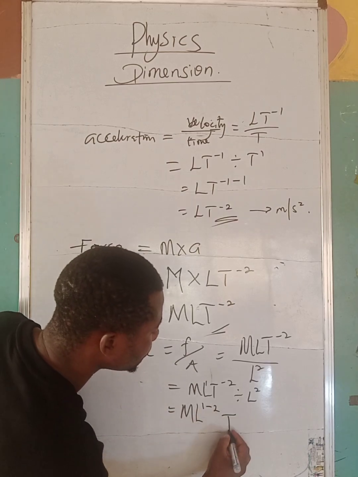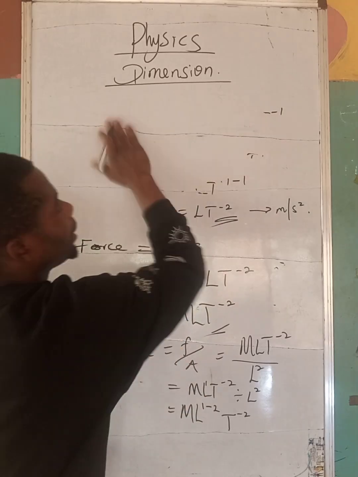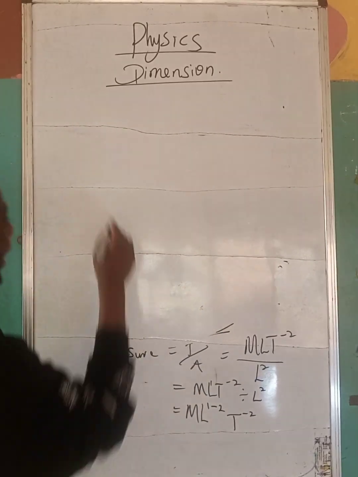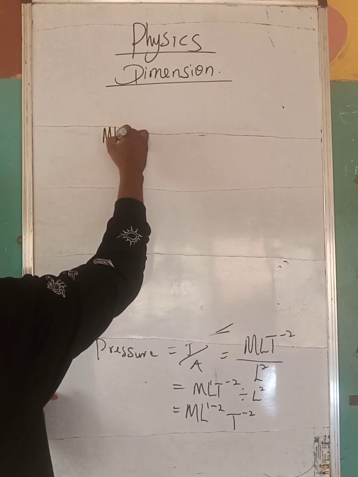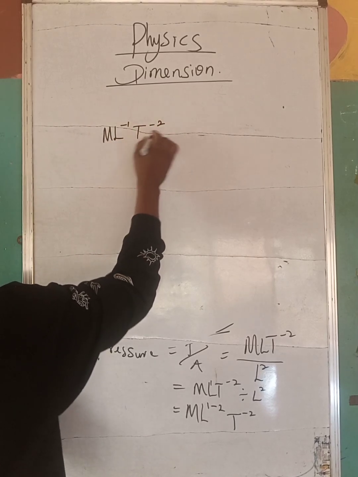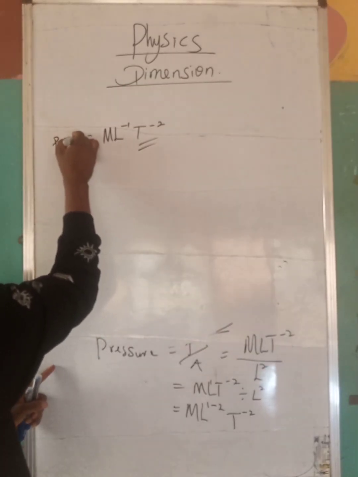So we have T^-2. If you solve this, at the end of the day you have M L^-1 T^-2. So that's the answer for the pressure.